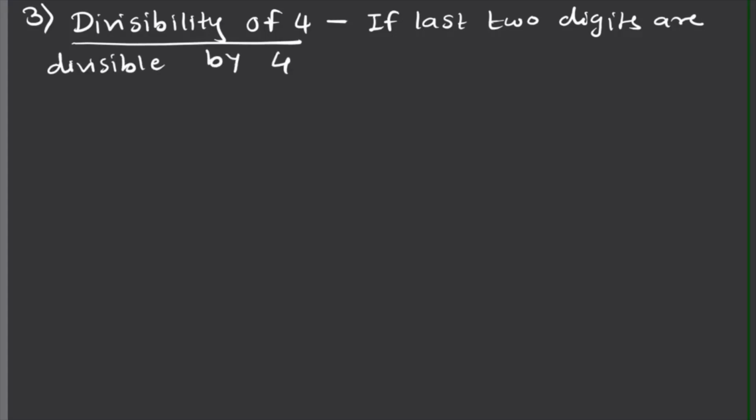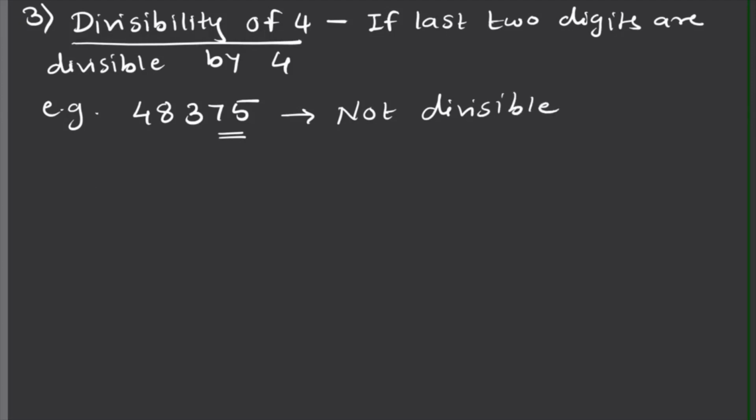So remember this. For example, 48,375. In this example, the last 2 digits are 75 and 75 is not divisible by 4. That's why this number is not divisible by 4.